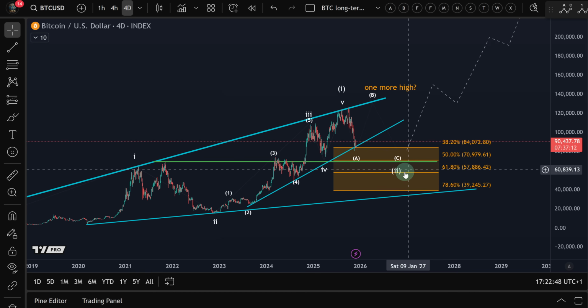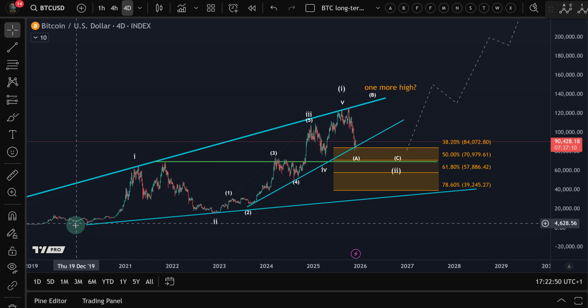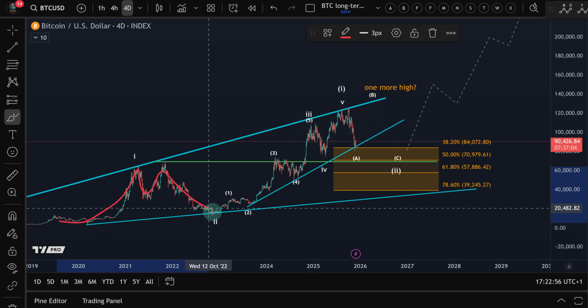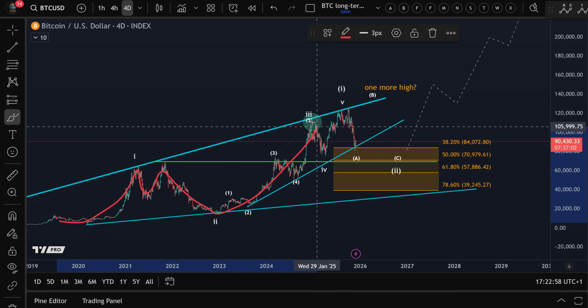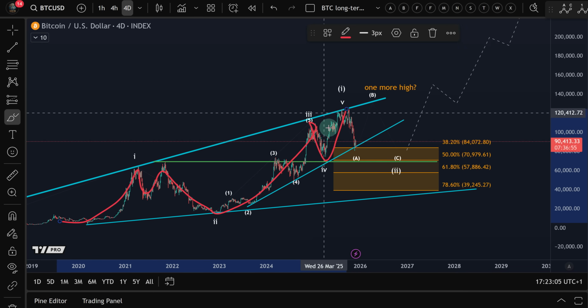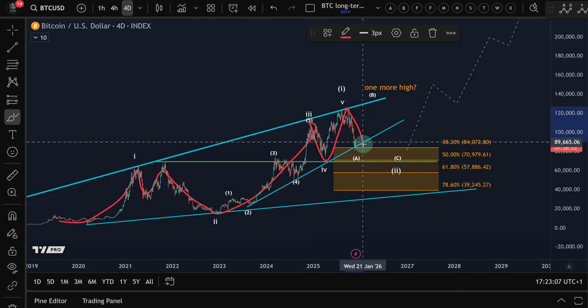But even in this scenario, we moved up in a wave 1 into the 2021 highs, A, B, C in wave 2. Then we saw 5 waves up into the November 24 high, a wave 4 and a wave 5. This gives me a completed 5-wave pattern. So the decline might have been an A wave, which could still get another low.